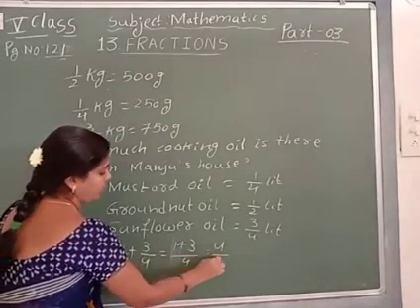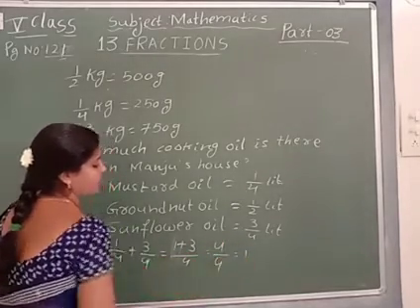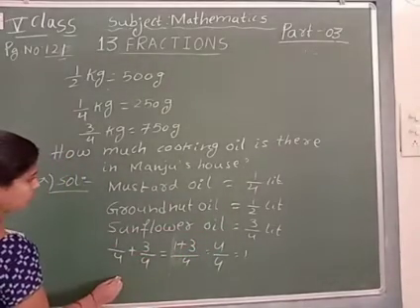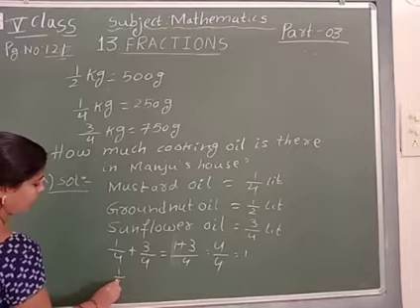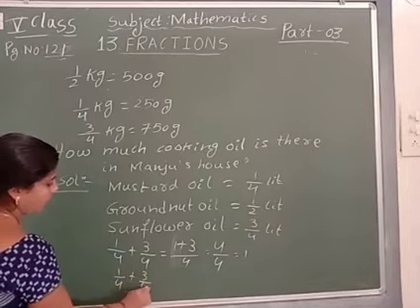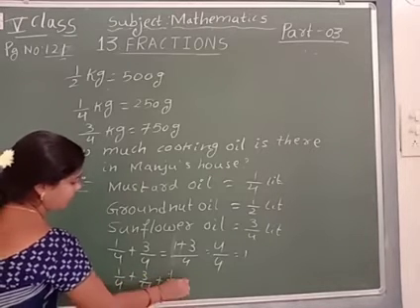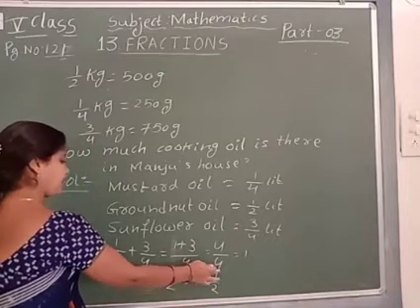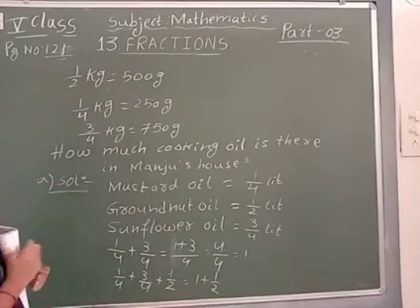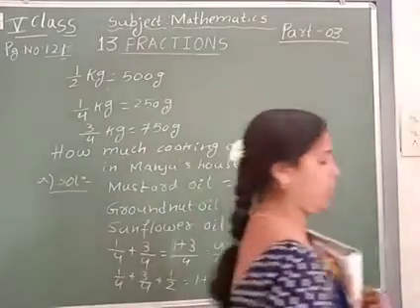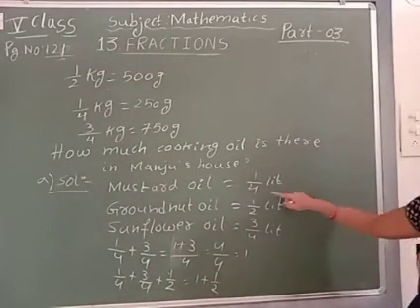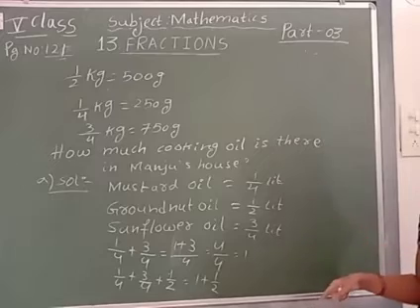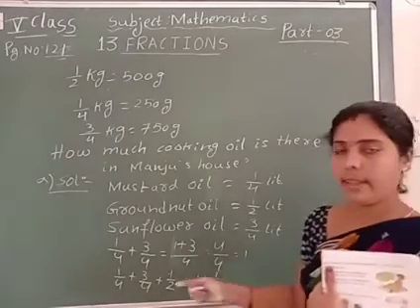So 4 by 4 equals 1. Then the remaining 1 by 2 part. So 1 by 4 plus 3 by 4 plus 1 by 2 equals 1 plus 1 by 2. This is the answer. This is one way. Another way, 250 milliliters, like that. Okay? You will read this.